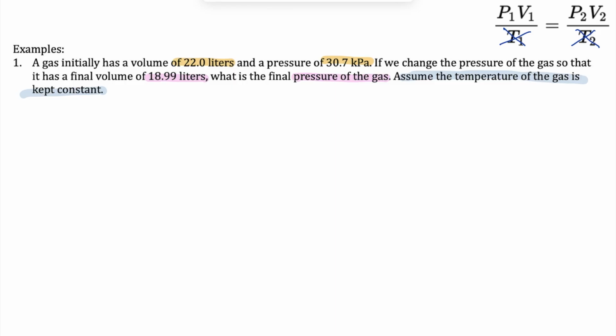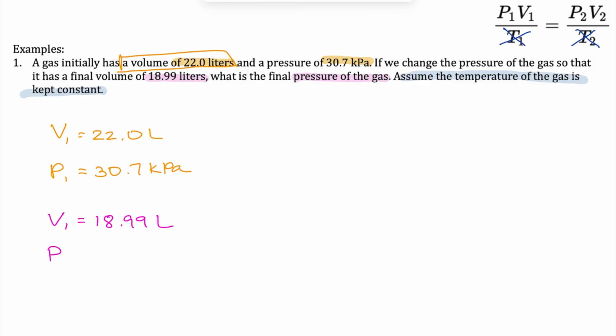So we have an initial volume, V1, of 22.0 liters. We have an initial pressure of 30.7 kPa. Those are in our standard units. And then we have a final volume of 18.99 liters. We're finding what the final pressure is going to be. We can just grab the top of this relationship.